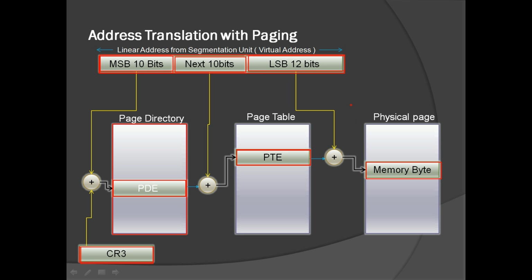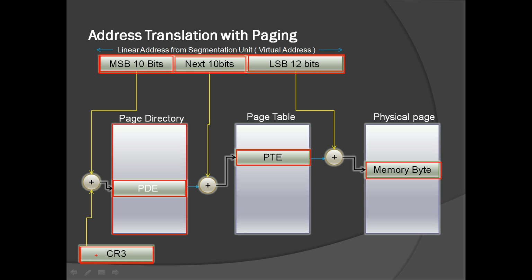So my explanation was not completely concrete. There are a couple of complications in this translation. One complication is that all of these addresses are physical addresses, as I mentioned.